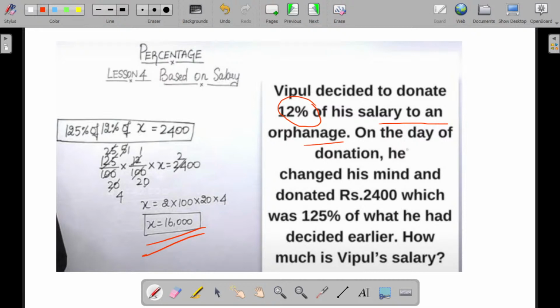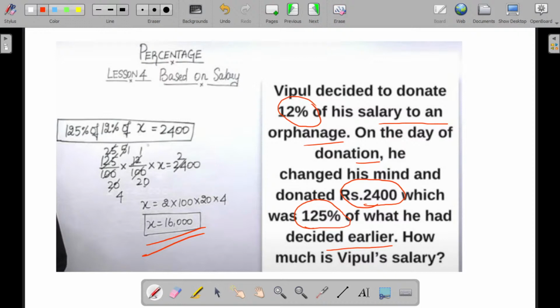On the day of the donation, he changed his mind and donated 2,400 rupees, which was 125 percent of what he had decided earlier. So how much is Vipul's salary?